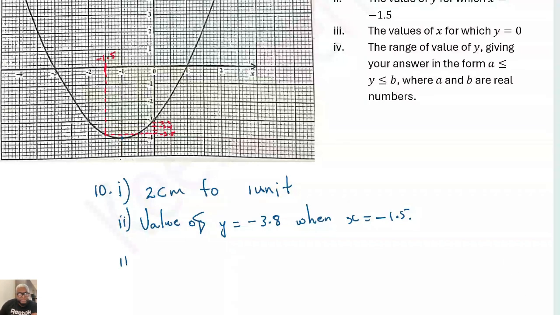So this was part 3. Right? So the values of x would be x is equal to negative 3 and x is equal to 1. Okay? x is equal to 1, x is equal to negative 3.